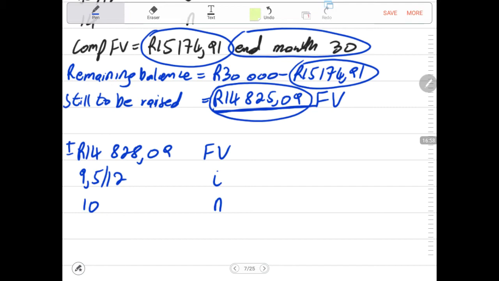So hence we say 21 up to 30 will be 10 monthly earnings of interest compounded every month. So now what are we calculating? We are calculating the amount that must be there at the end of month 20. So this is a present value at the end of month 20.